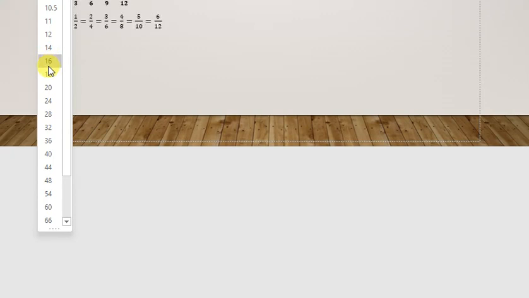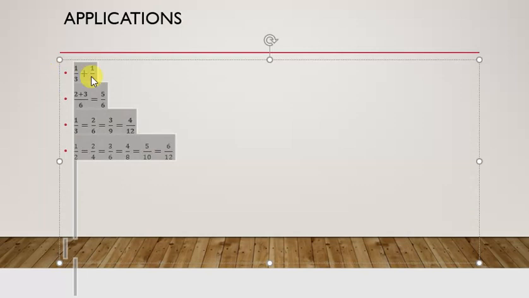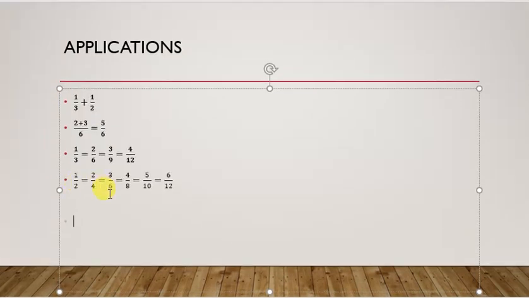Those fractions having the same base. We shall select those fractions having the same base in each of the two fractions listed. We realize that 1 over 3 has 2 out of 6. Then 1 over 2 has 3 out of 6. So these two have the same base.